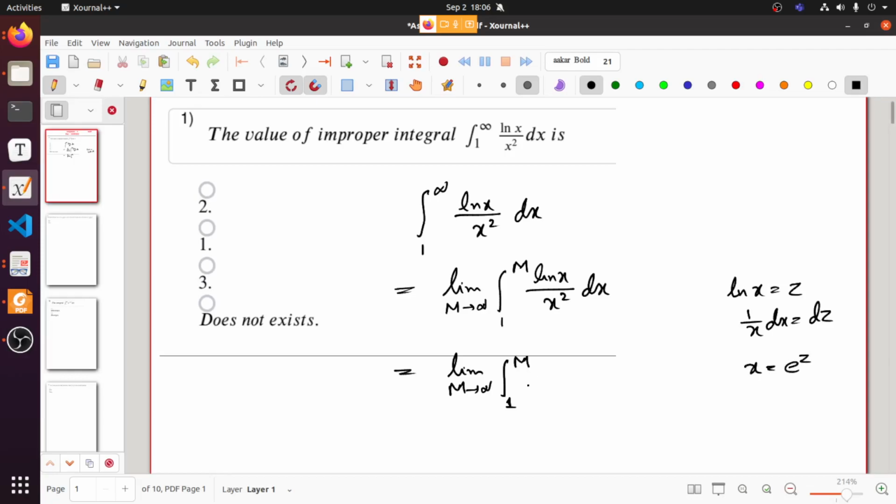So it will be z e to the power minus z dz.